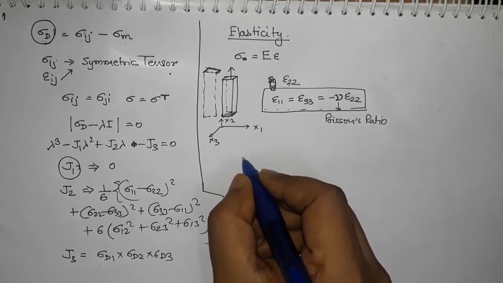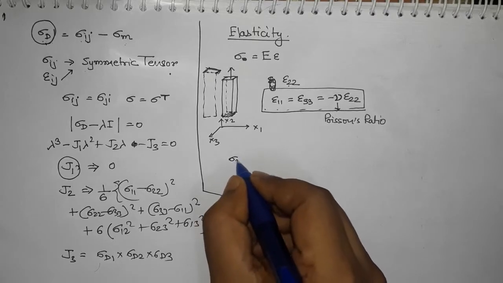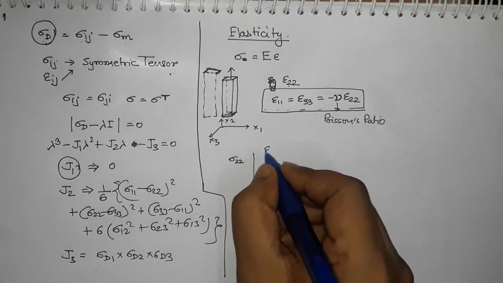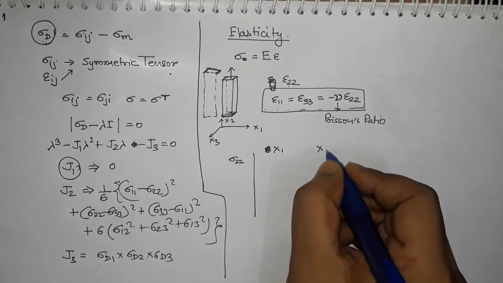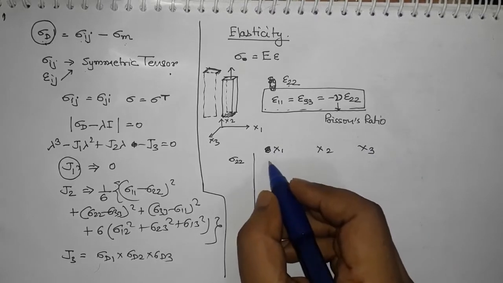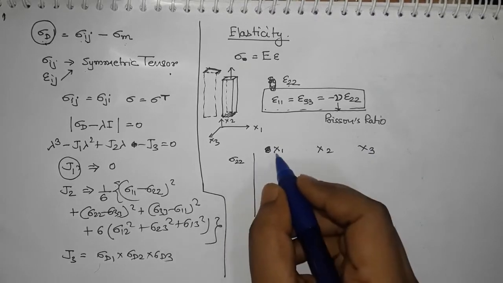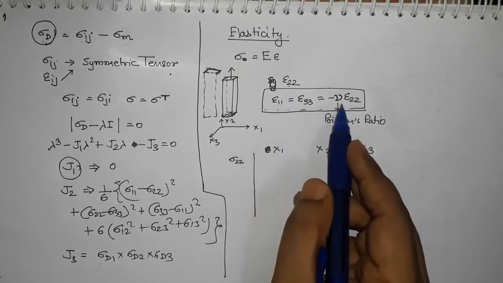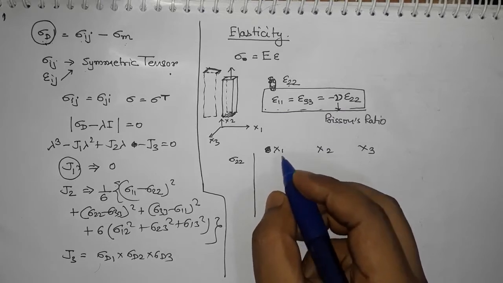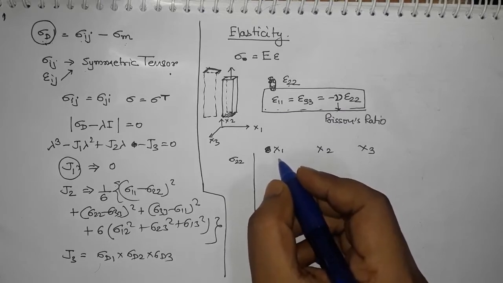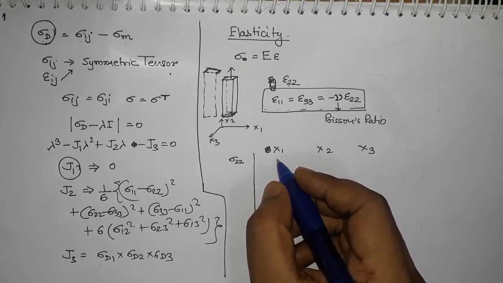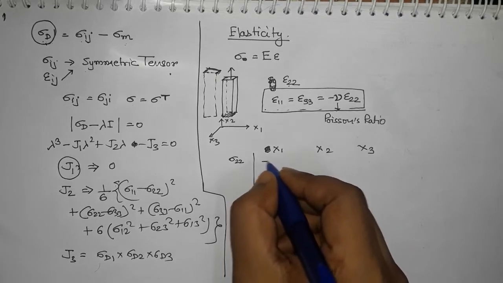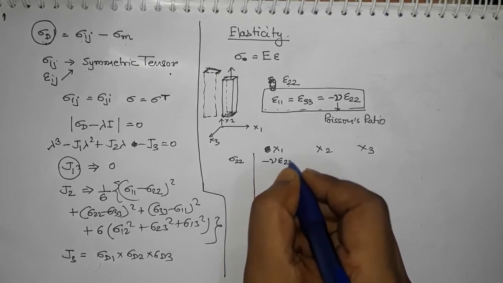So we can write it down, right? So stress is in the sigma 2 2 direction, so this is the x1 direction, this is the x2 direction, this is the x3 direction. So in the x1 direction we have epsilon 1 1, which is equal to minus mu into epsilon 2 2, right?